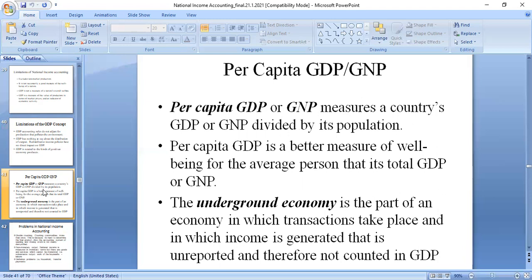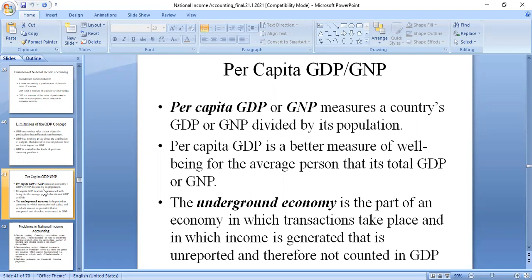Then per capita GDP, per capita GNP, right? Anything per capita, you have to divide by the population. So when we say GDP per capita or per capita GDP, you get the total value of GDP divided by the population of that country. Then GNP, we already know what GNP is.